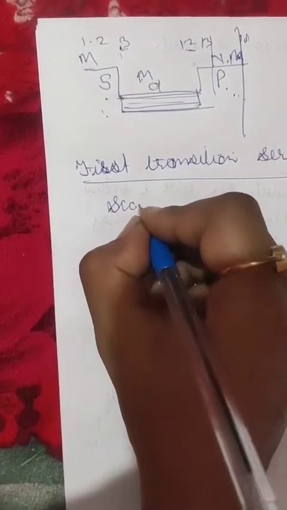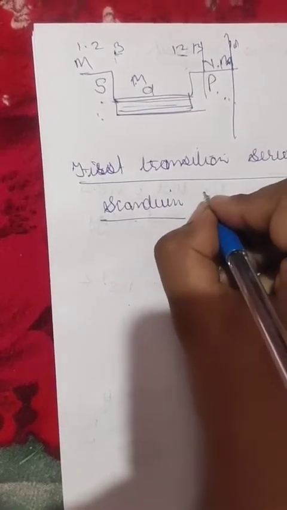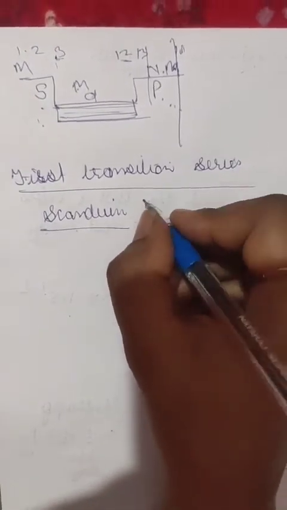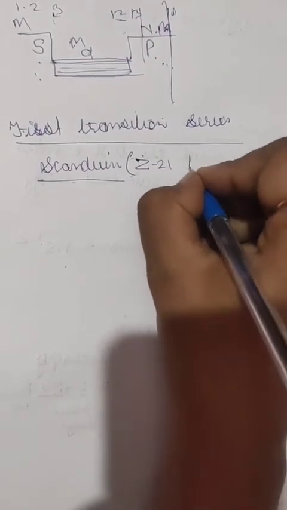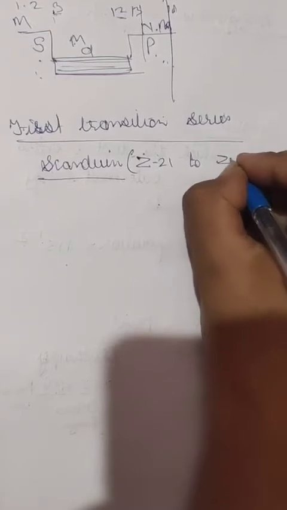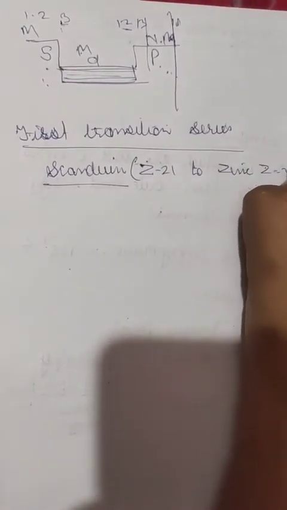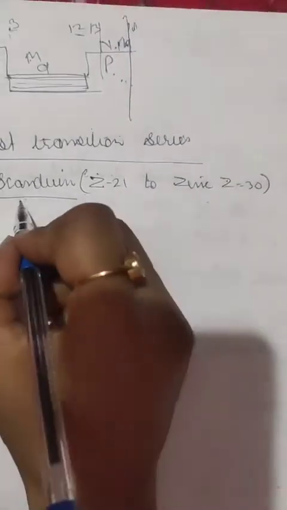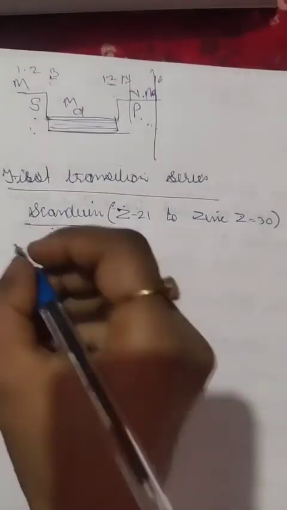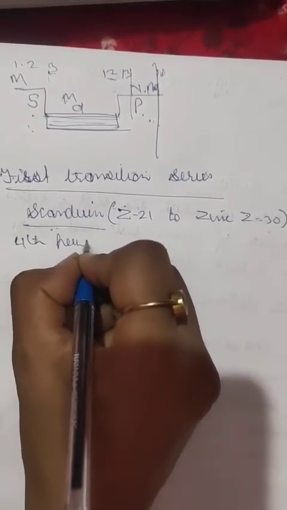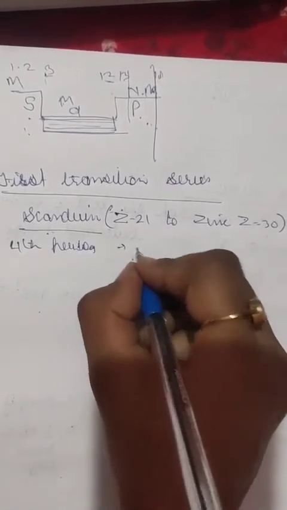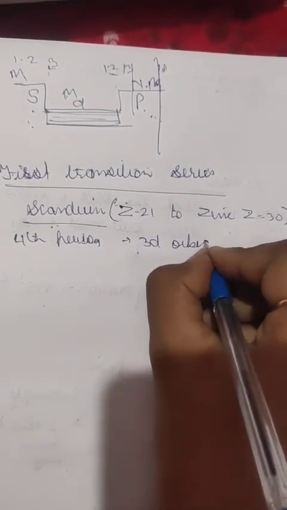The first transition series is of the 4th period, for example scandium. Scandium has atomic number, denoted by Z, 21, up to zinc, which is atomic number 30. So this first transition series belongs to the 4th period, and in this the 3d orbital is gradually filled.